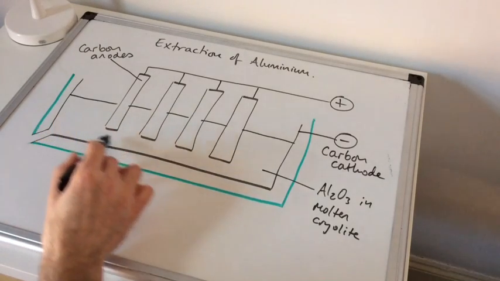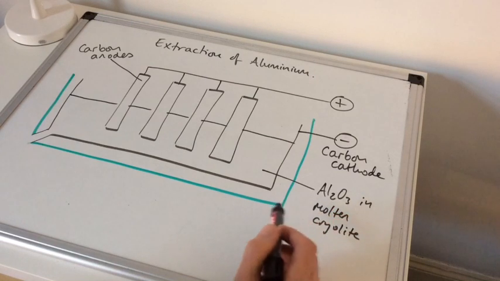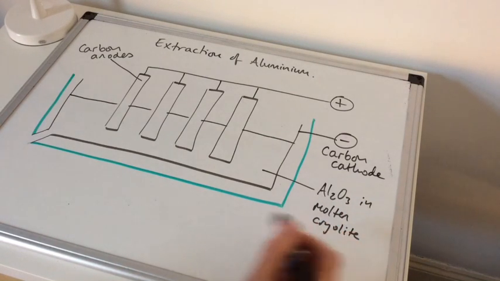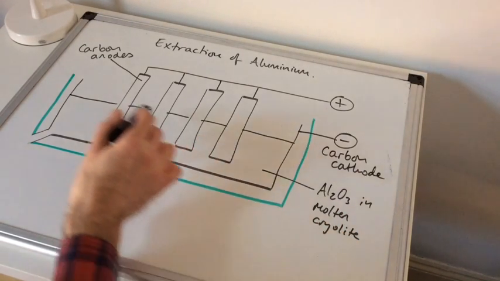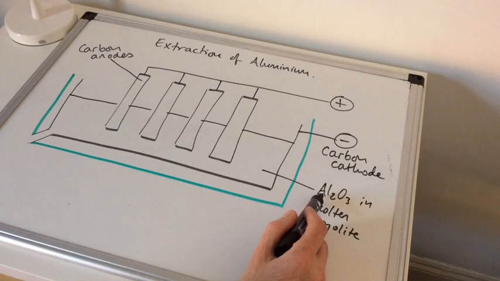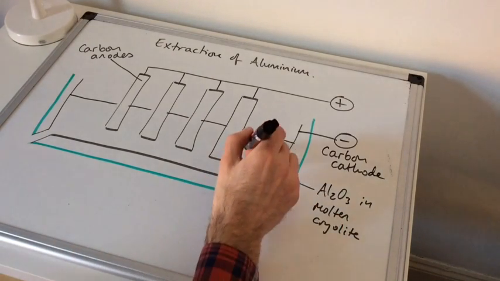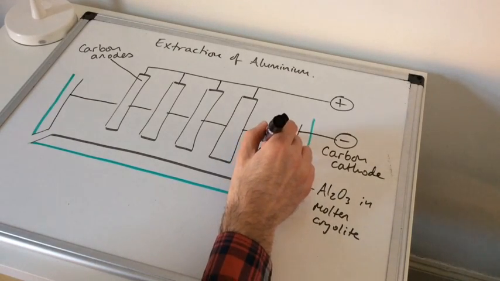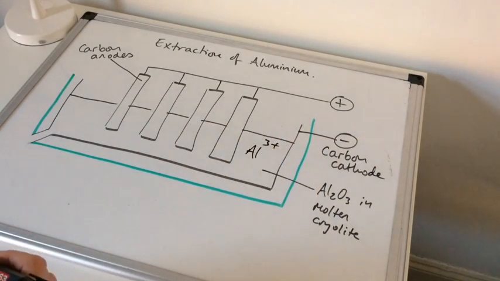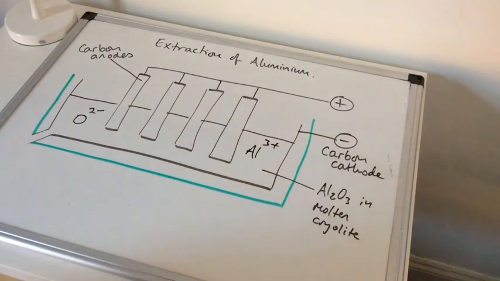So what have we got inside here? We've got that mixture of aluminium oxide which has been dissolved in molten cryolite. So this is essentially a liquid in here. Which ions are in here? We've got aluminium ions and oxide ions. Aluminium ions have the formula Al3+, and oxide ions have the formula O2-.